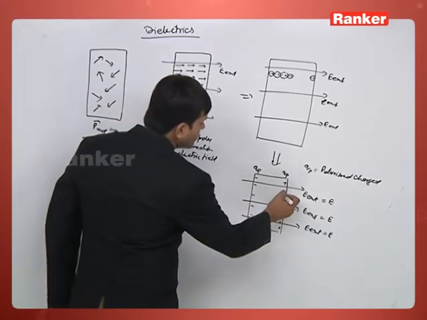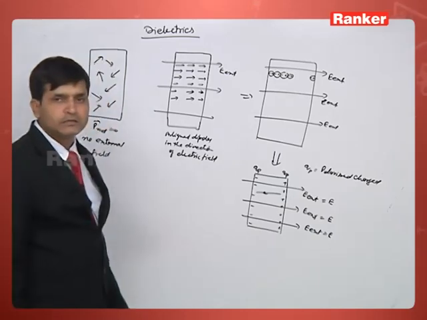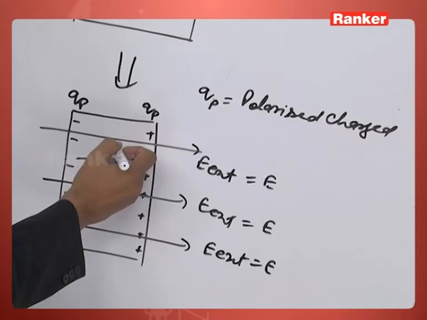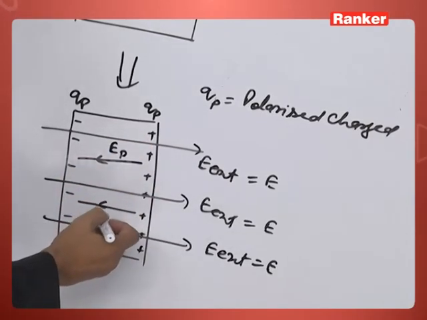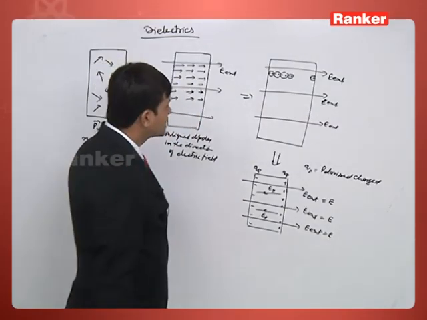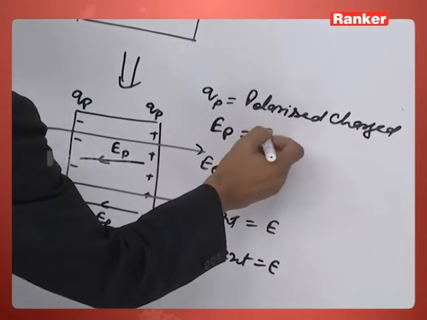As we know, the direction of field is always from positive charge to negative charge. So here a field is developed which is from positive charge to negative charge, and that field is called the field due to polarized charge, or polarized field.